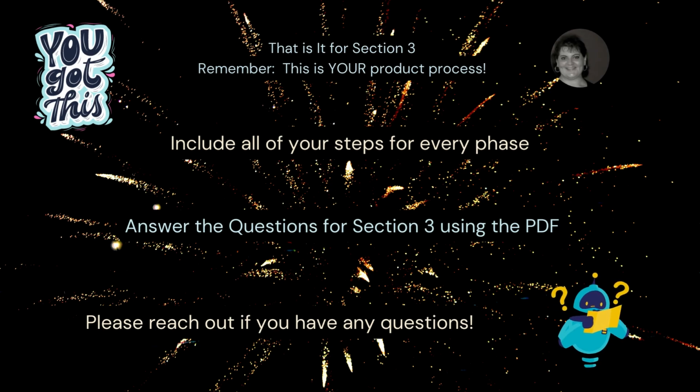Answer every heading with integrity, and don't be afraid to state clearly your quality requirements. Now, at the end of this section, please answer the questions using the PDF that I have provided for you. And as always, please reach out to me if you have any additional questions.